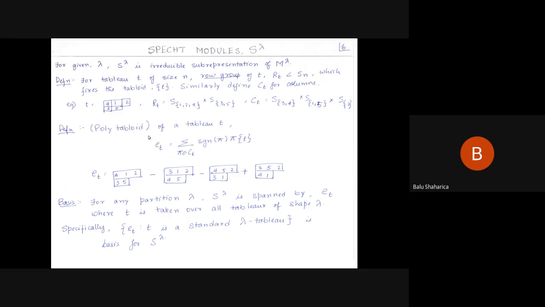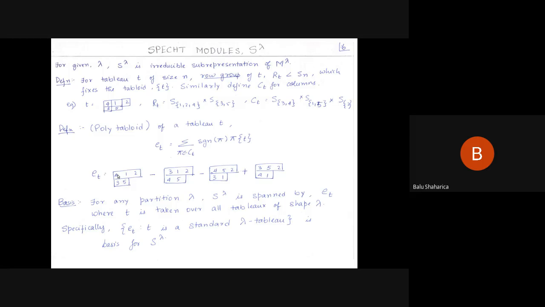A polytabloid is given by this equation, where pi is a permutation belonging to the column group, and this is the sign of permutation pi, which acts on a particular tableau T. So if I take this same T, this is 4, 1, 2, 3, 5, and I find the polytabloid, it gives me this.